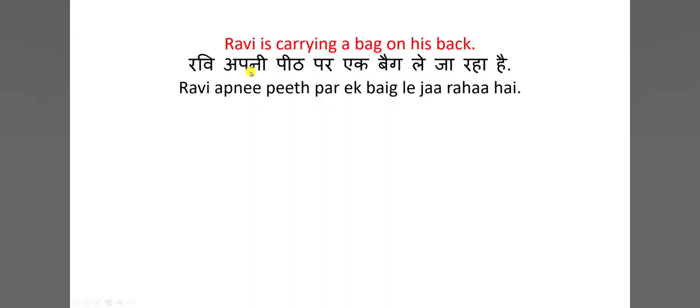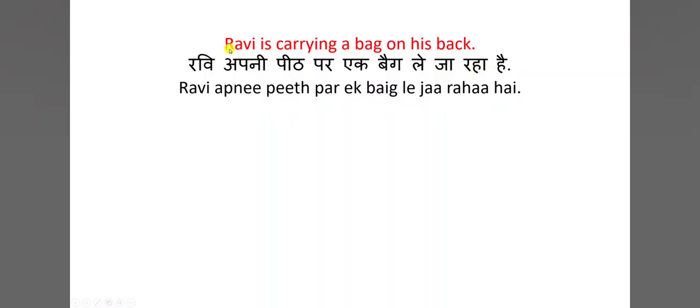I have taught you about this, correct? Apni is a reflexive possessive which refers to his. And we have used apni because peeth, which is back, is feminine. Par is on. Apni peeth par is on his back. Ek is a, bag is bag. Le ja is carry. Raha is ing. Hai is.